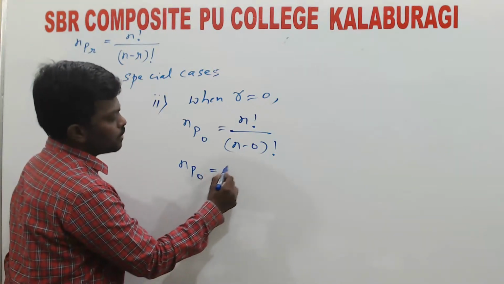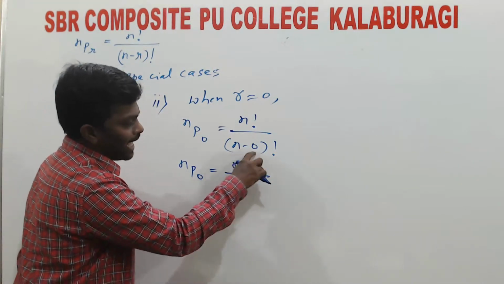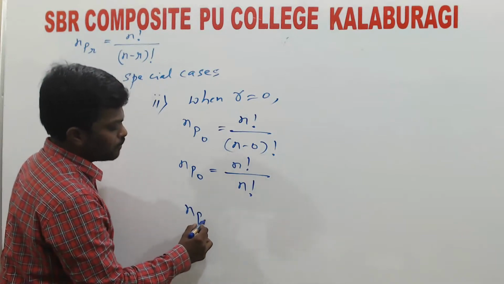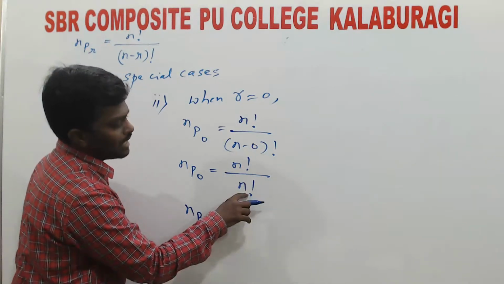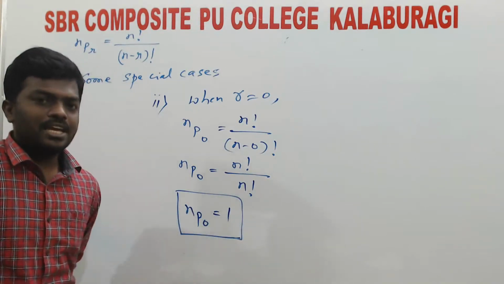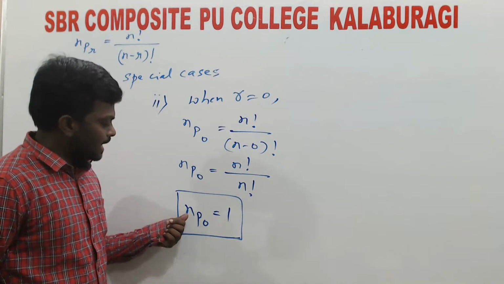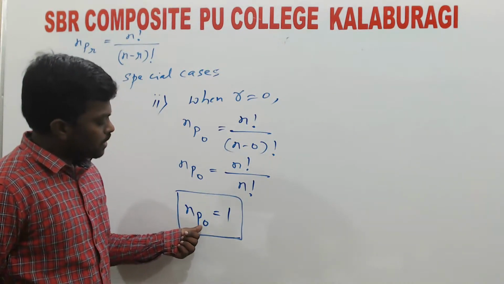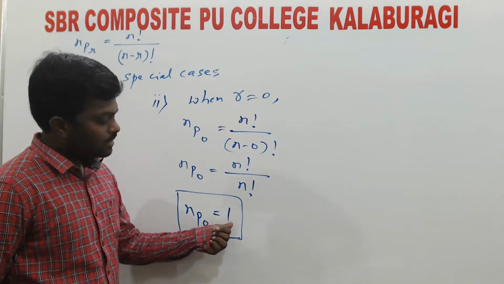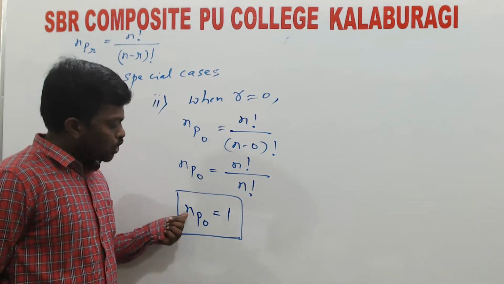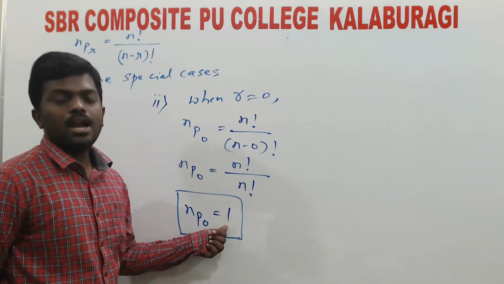So nP0 is n factorial by (n minus 0), which is n factorial. Now if you observe, n factorial cancels. So the number of permutations of n objects taken 0 at a time is nothing but 1, or arranging 0 objects out of n objects is nothing but 1.